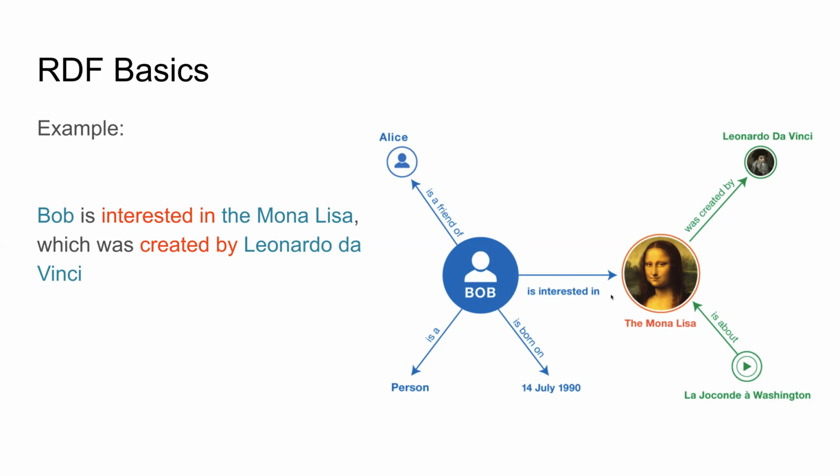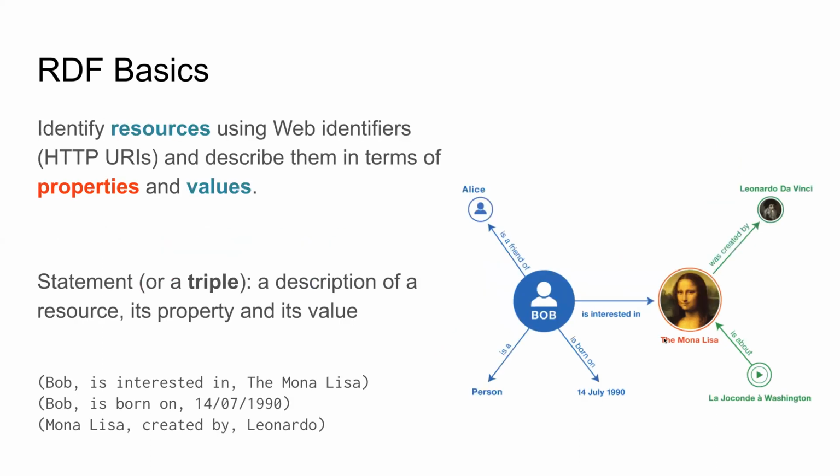So in this case, interested in the Mona Lisa. So this is actually your first knowledge graph. You will be seeing more knowledge graphs in this course, bigger and bigger, hopefully. As I said, this is a simplified version. We will be looking at more complex cases later on.